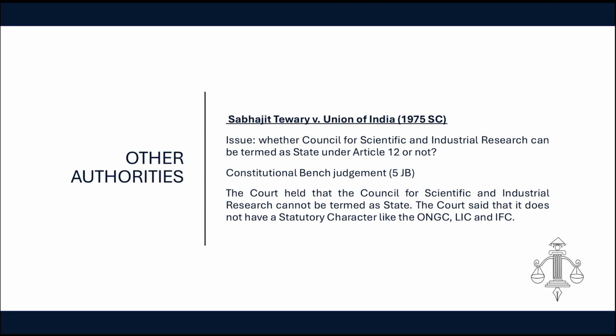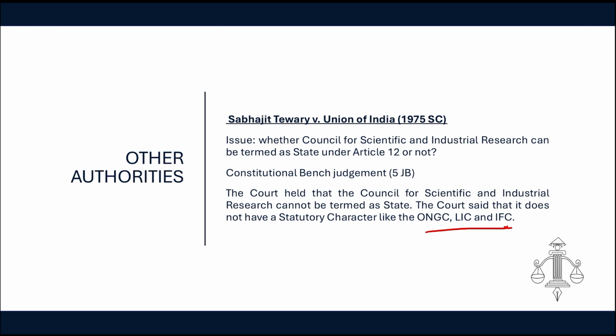In this case, the Supreme Court went ahead and said that the Council for Scientific and Industrial Research cannot be termed as state, and the reason they have given is that it does not have a statutory character like ONGC, LIC and IFC, right? So they are following the Rajasthan State Electricity Board वाला principle कि other authorities में सिर्फ वो इंस्टीट्यूशंस आएंगे which have been established by a statute.